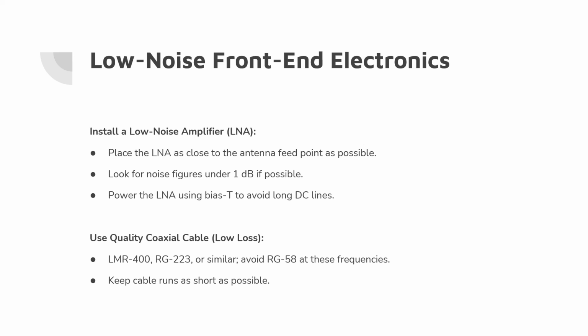And then in terms of the electronics, certainly from my own experience, I refused to do this for a while: placing the LNA close to the antenna feed point, i.e. up at the back of the dish. I was playing around with all sorts of different types of coax cable, but when I did this, it made such a difference, and suddenly the coax cable didn't seem to matter so much anymore.